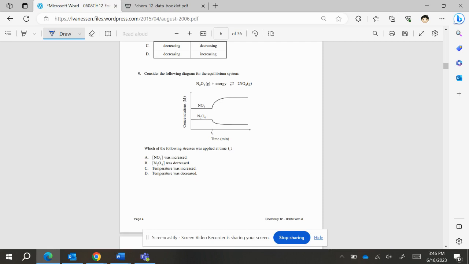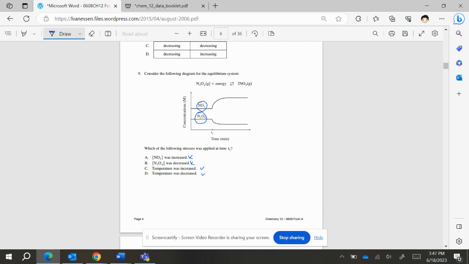KEQ is this number divided by this number right here. If the numerator becomes bigger and the denominator becomes smaller, there's no possible way that KEQ can remain the same. So the first thing you should realize in a situation like this is that it has to be something changing in the temperature.